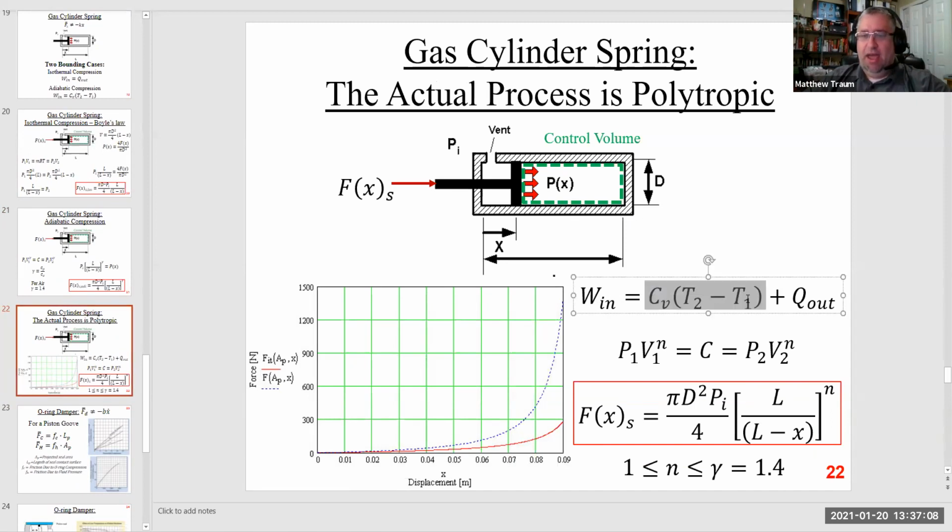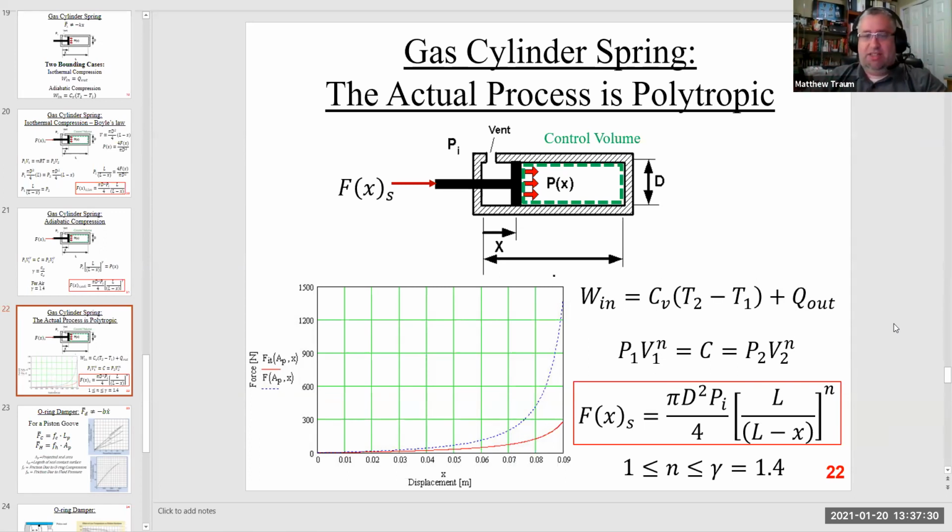That's this term. And then some of it contributes to heat transfer out of the control volume of the gas into the wall of the cylinder and then out into the environment. And that combined increase in both internal energy and heat transfer simultaneously is called a polytropic process, which you might remember from thermo.